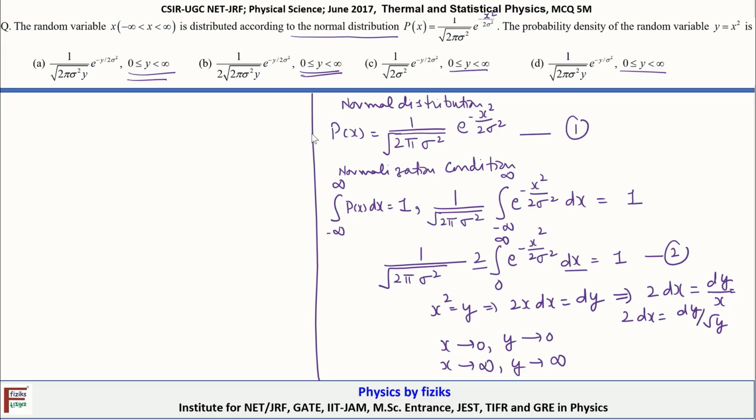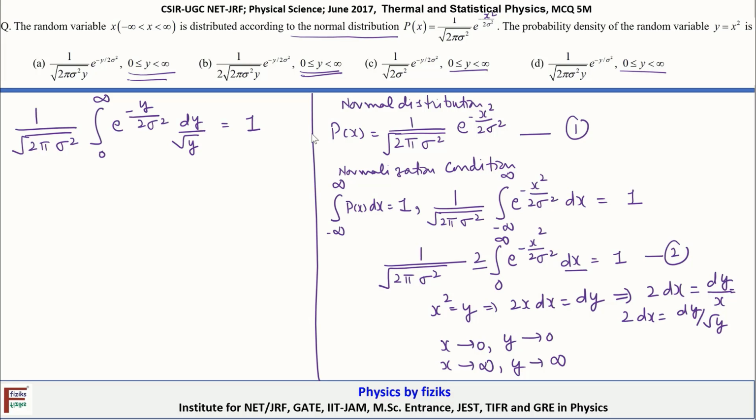So with this transformation, equation 2 reduces to 1 upon under root 2 pi sigma square, integral from 0 to infinity of exponential minus y upon 2 sigma square, dy upon under root y, and that is equal to unity.